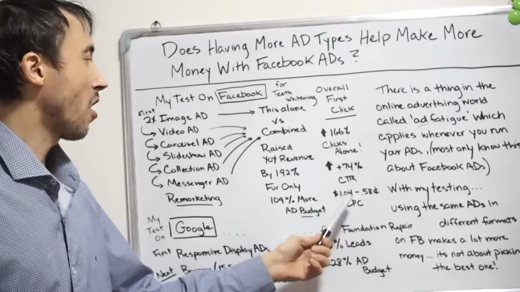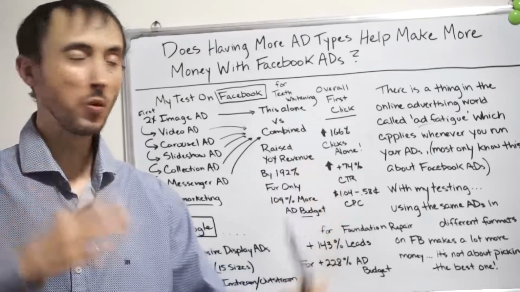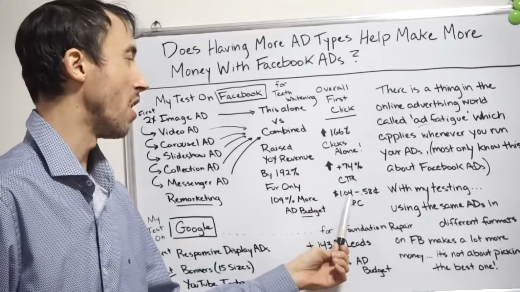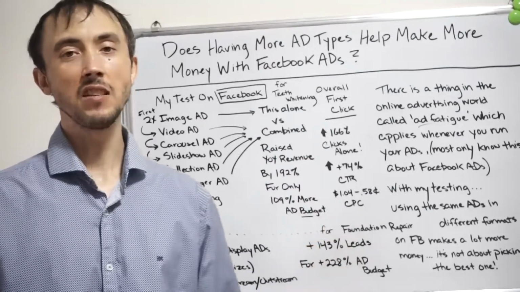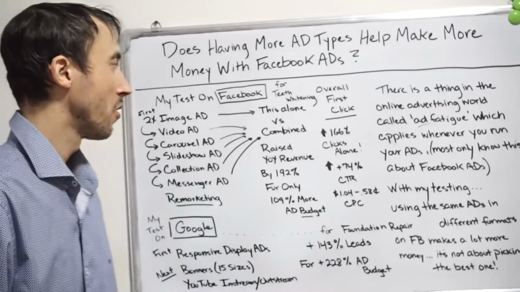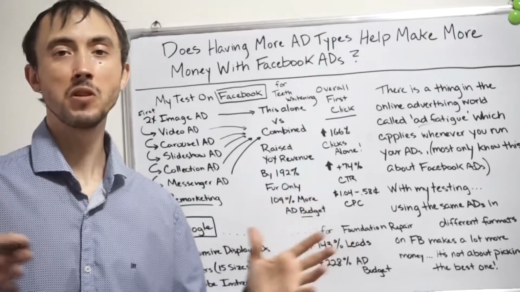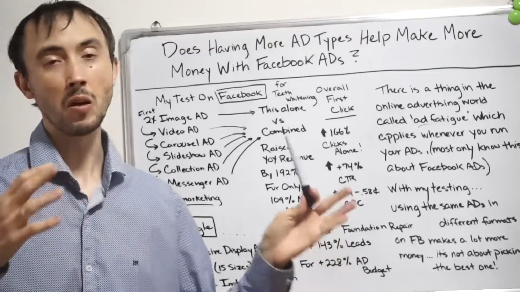With that, we got the cost per click from their Facebook account as a whole down from $1.04 per click to 58 cents per click. So like I said, this is a lot of potential to make a profit for you.